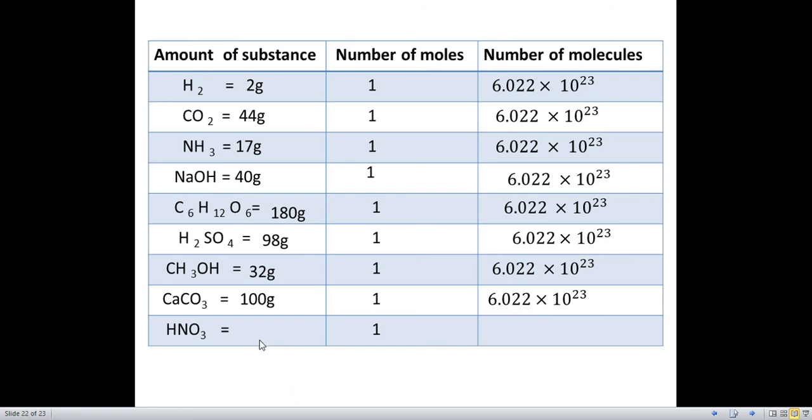Nitric acid, HNO3, 63: hydrogen 1, nitrogen 14, oxygen 16 times 3. So the answer is 63 means number of moles 1, number of molecules the same number.